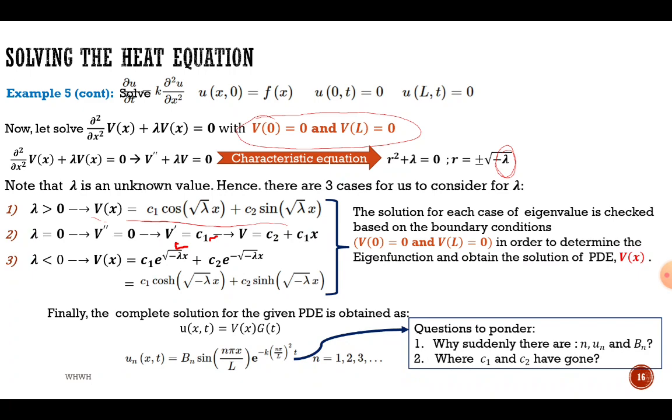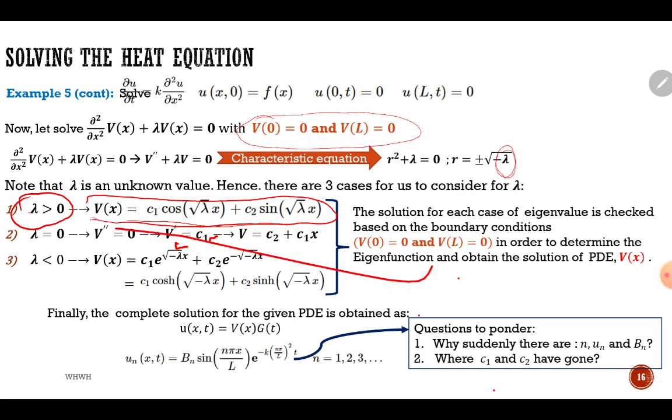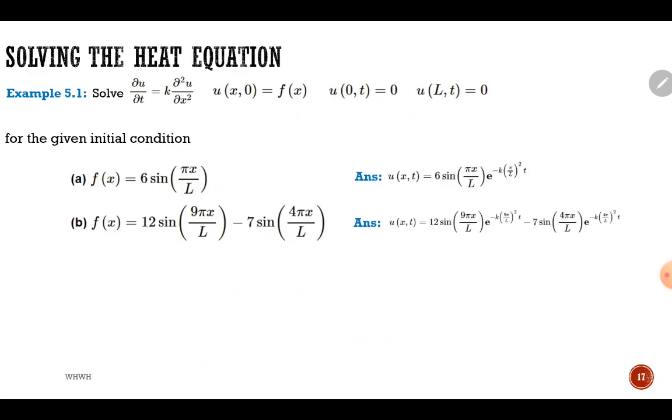Okay, so now what I'm going to do is to proceed with this example, and we go case by case. Okay, let us consider the first case. If lambda more than 0, then our Vx will equals to C1 cos root of lambda x plus with C2 sine root of lambda x.